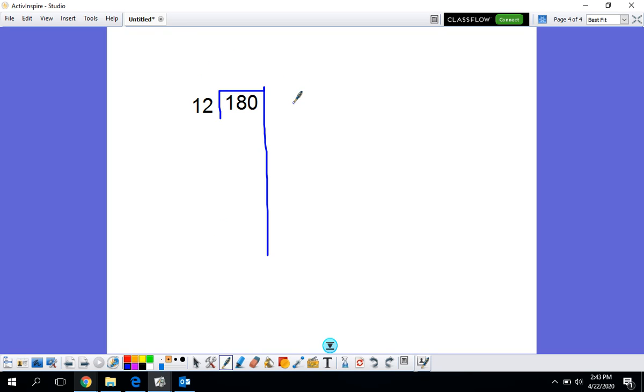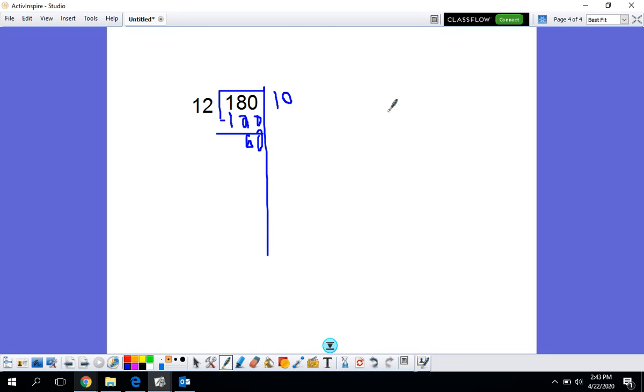180 divided by 12. Again, I'm going to think of my 5s and my 10s. I'm going to start with 10 because I know that 12 times 10 is 120. And I can take 120 from 180. I have enough. Let's subtract that. 180 minus 120 is going to be 60. So I think of how many 12s go into 60.